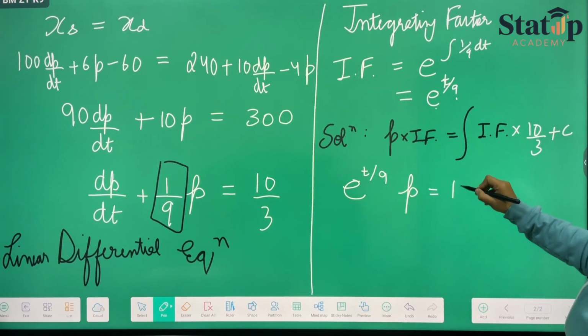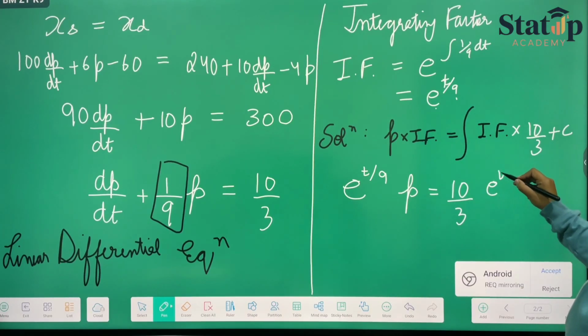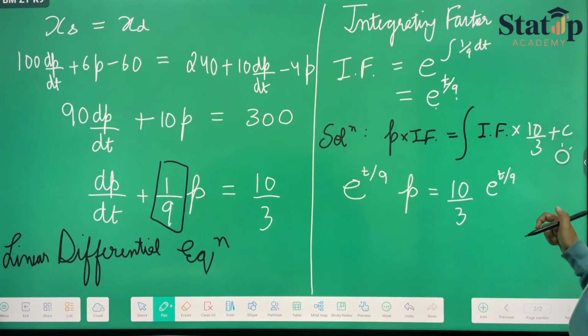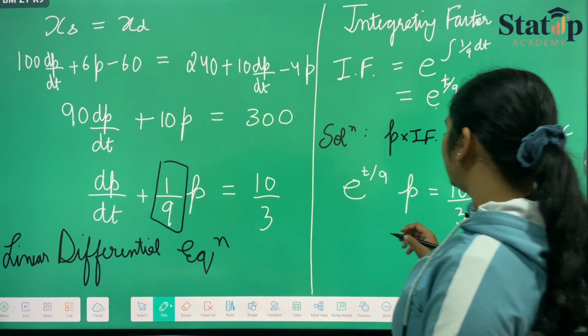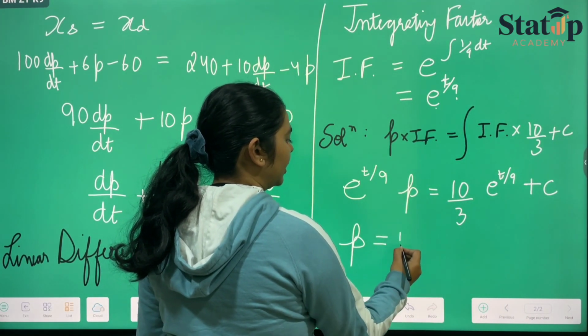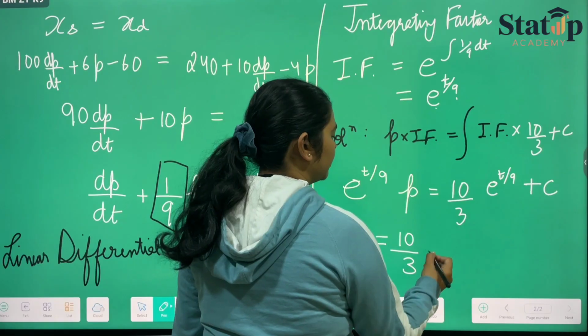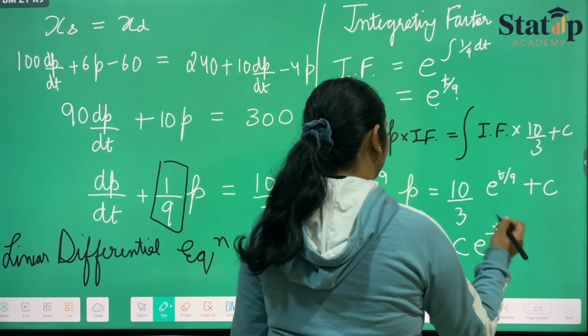So 10 upon 3 comes outside, and the integral of e raised to the power t by 9 gives e raised to the power t by 9 plus c. If we divide the whole equation by e raised to the power t by 9, we will be getting p equals 10 by 3 plus c e raised to the power minus t by 9.